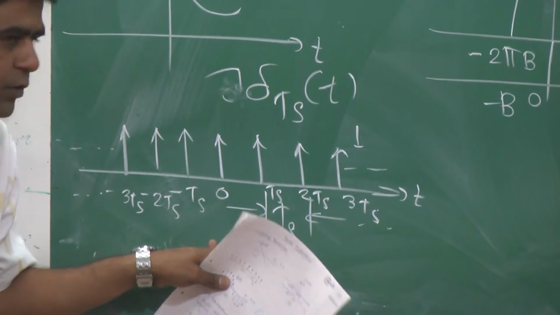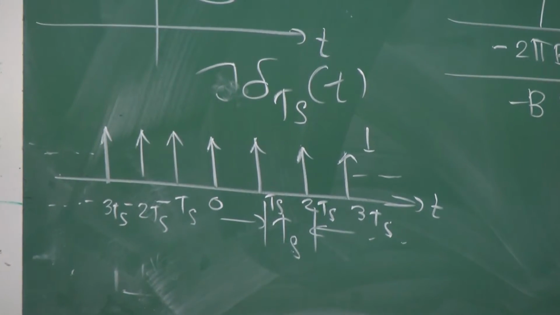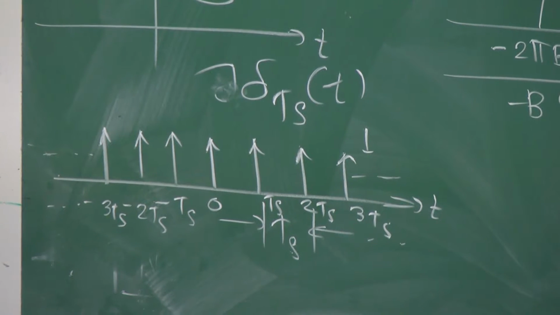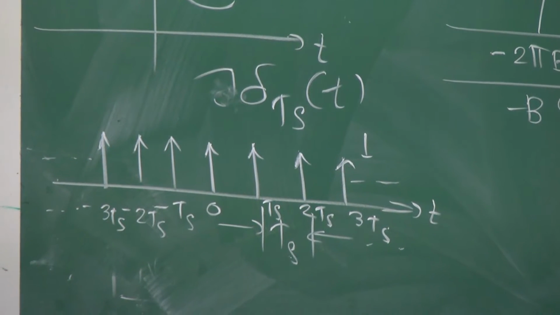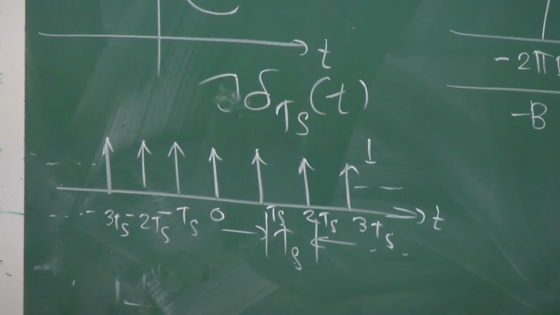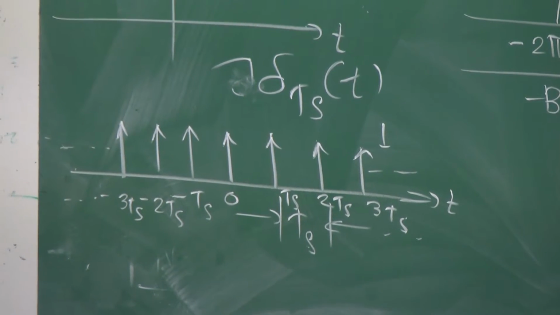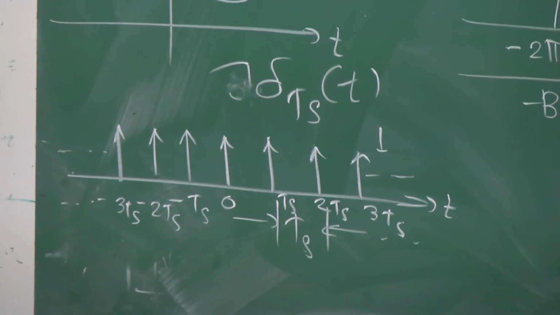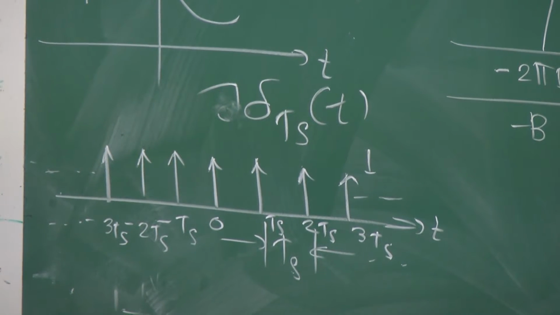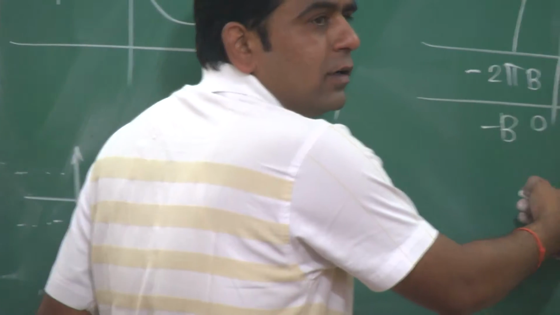Here we are using an impulse function, where the duration between two impulses is Ts. That means the sampling frequency is fs, with unit amplitude 1, and here we have the frequency response.